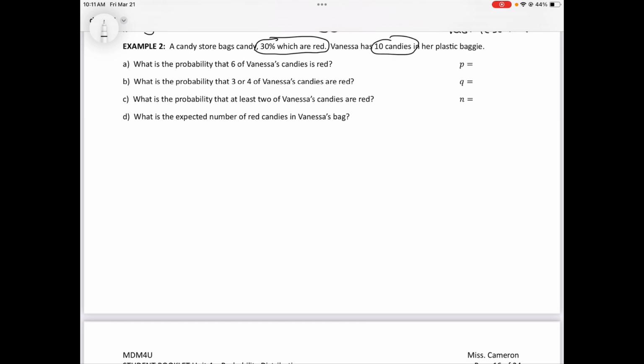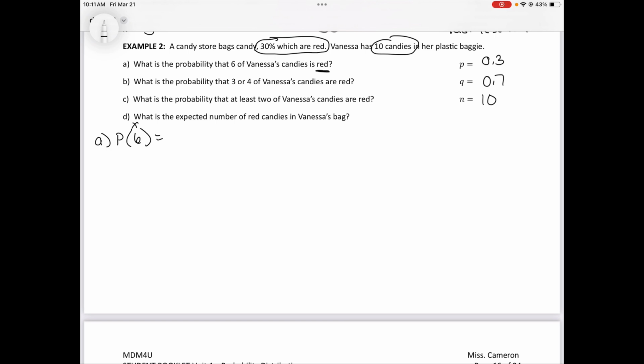For part A, what is the probability that 6 of Vanessa's candies are red? So 6 is going to be our x. Now that we're focusing on red, we know a success is that 30%, which makes our failure 70%. And we have 10 candies that we're considering.